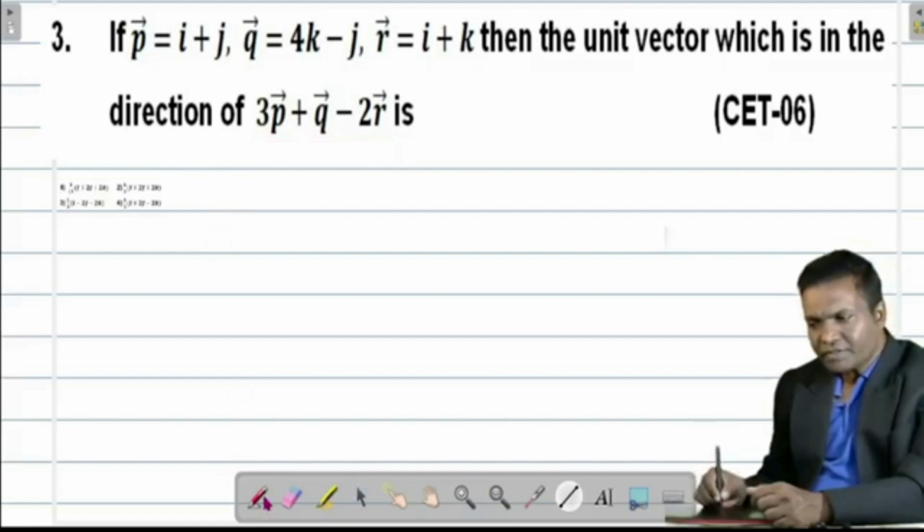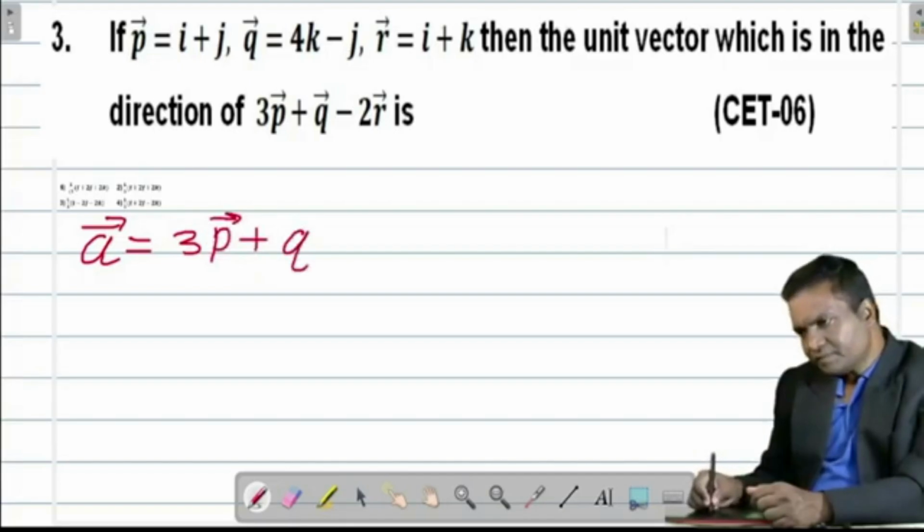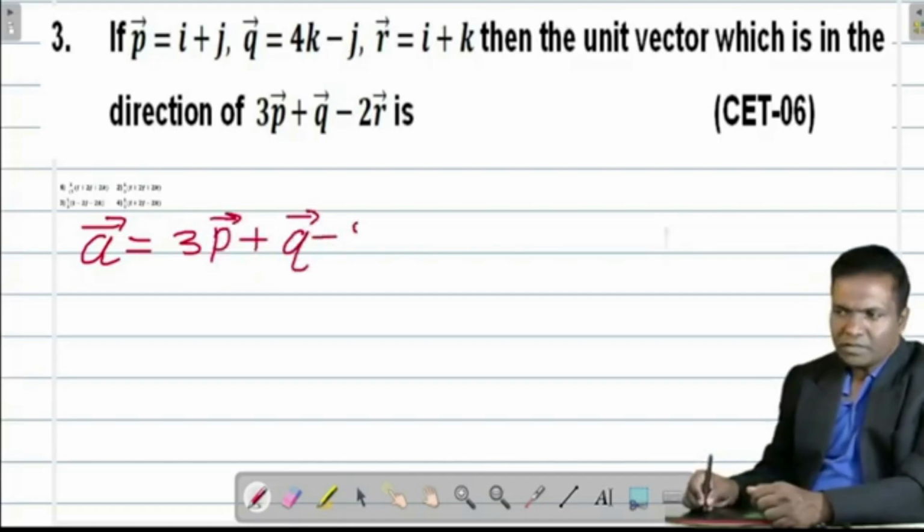So first you need to consider what is this. Let us call A as vector 3p plus q minus vector 2r.